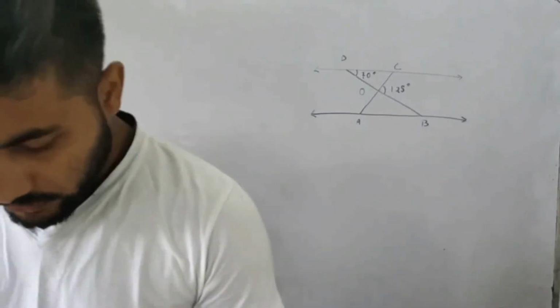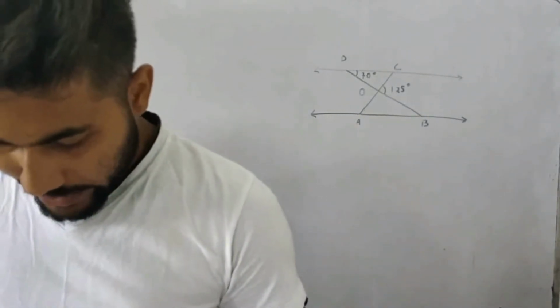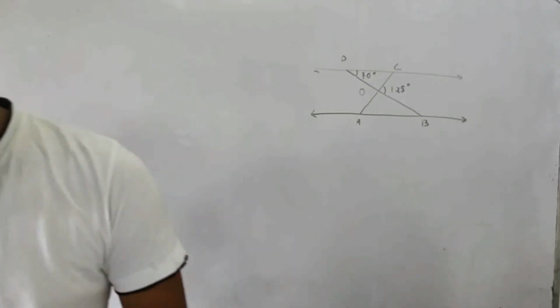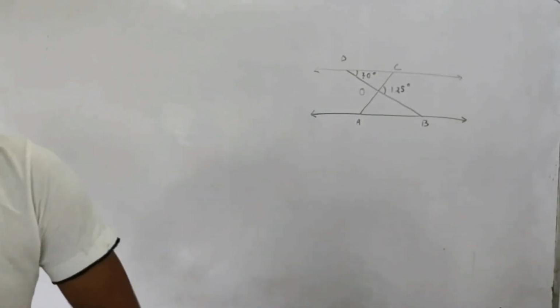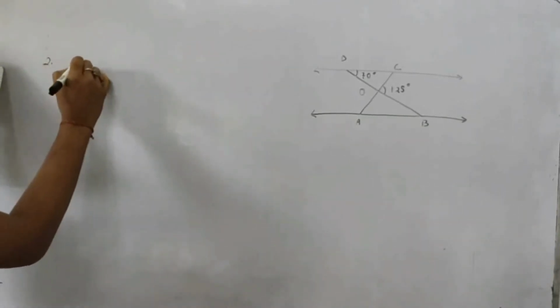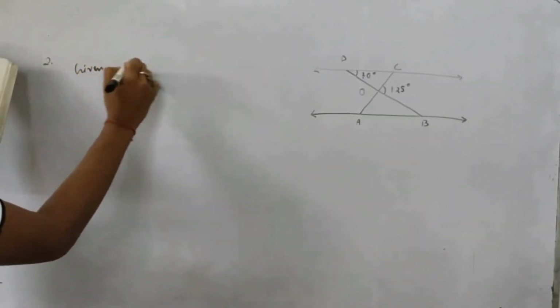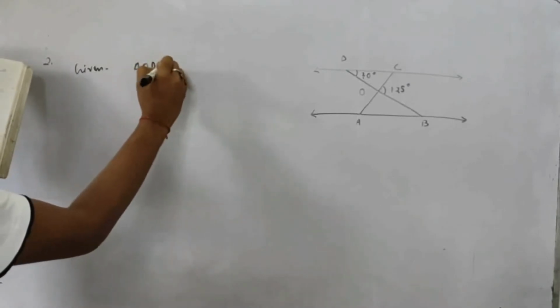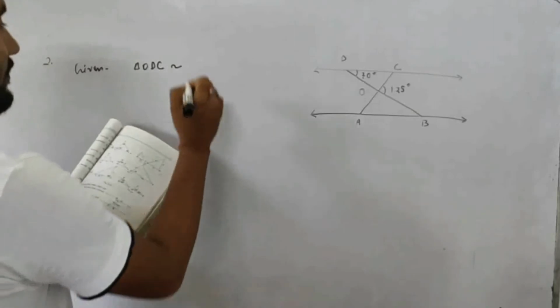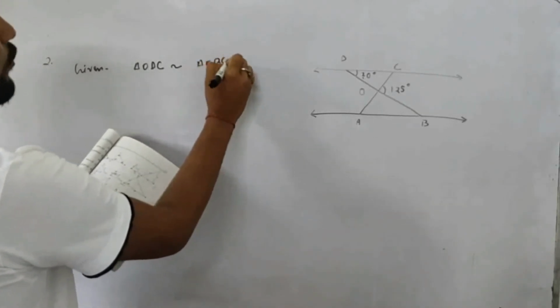So what is given in the question, right? Triangle ODC is similar to triangle OBA. This one is given. See, in the question it is given.